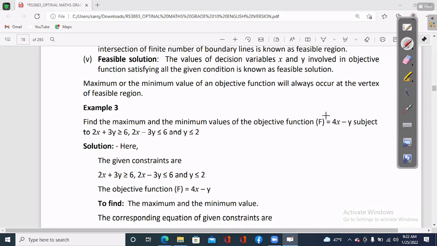Now you can see there is a function given. Copy this. And there are 3 inequalities given in the question. Copy this, all of you. The 3 inequalities are given and there is one function given. I'll tell you, don't worry.